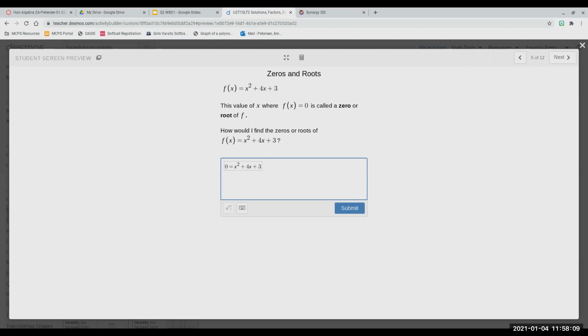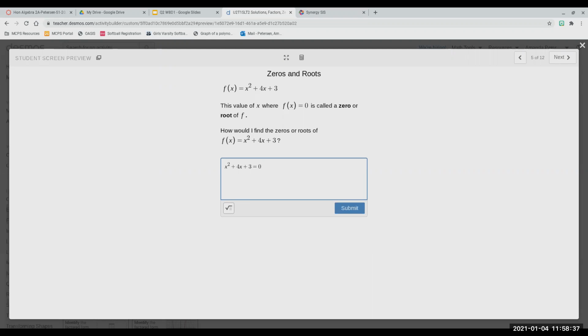That should look familiar, because what we looked at in the warm-up was x squared plus 4x plus 3 equals 0. It doesn't matter whether the equals 0 comes in the front or the back, it's the same thing. So you have to now find the values of x. Like I said, we did that in the warm-up. It's just a matter of getting the factored form and finding the solutions.